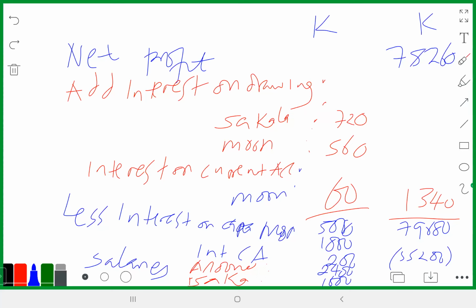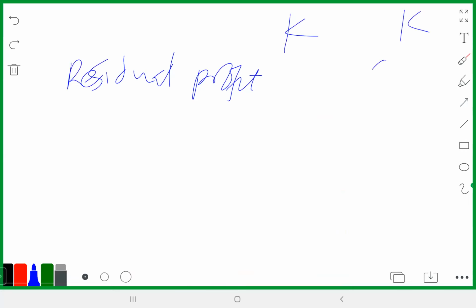Yes, that gives us 24,400 as the residual profit. So I've ended on the residual profit, 24,400. It is this profit that they should share.